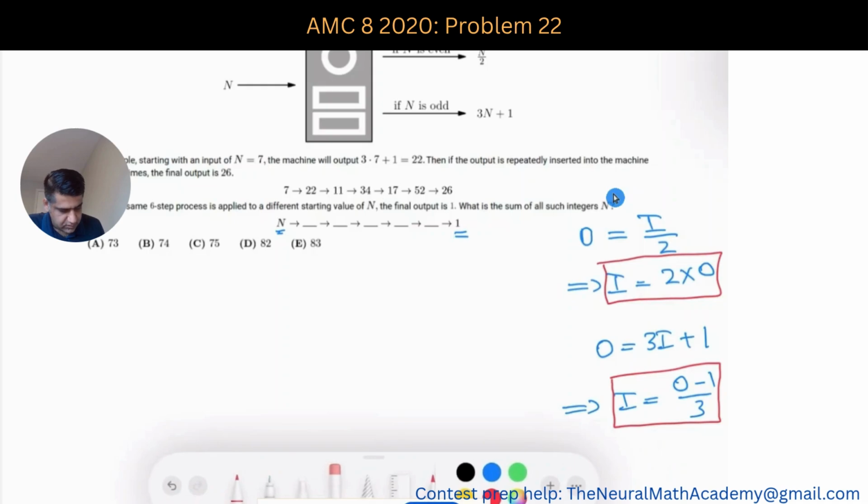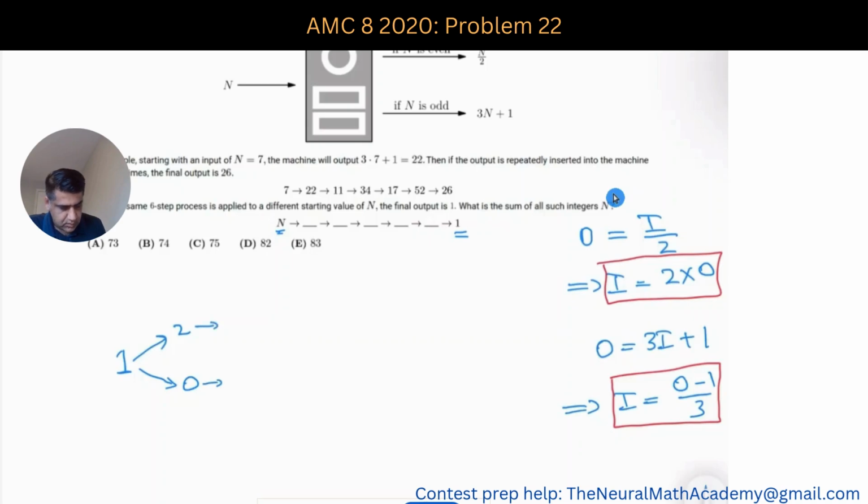The 1 is the last value or the final answer. So if I apply both to 1, I will get 2 or I get 0. Now if I apply in the next step again both functions, I get 4, and I also get 1 over 3.